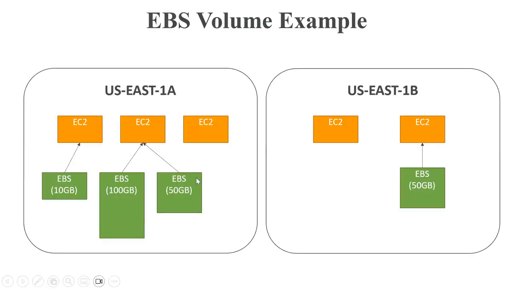But I cannot take this 50 GB EBS volume and attach it to an EC2 instance in another availability zone. What is the solution? Directly, the volume we cannot move. You need to create a snapshot, then copy the snapshot. After copying, you can use the snapshot to create a volume. Once the volume is available, you can attach it.